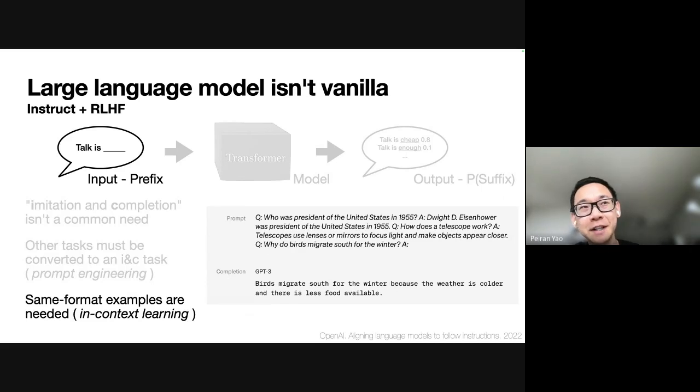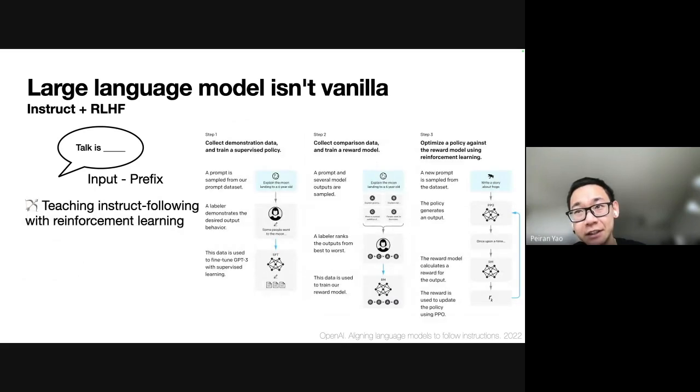And to improve the success rate, you can add examples of the same format, which is called in-context learning. But this is not very intuitive. So there's a new thing called instruction tuning and reinforcement learning with human feedback, which basically teaches large language models how to follow instructions instead of just repeating similar things.